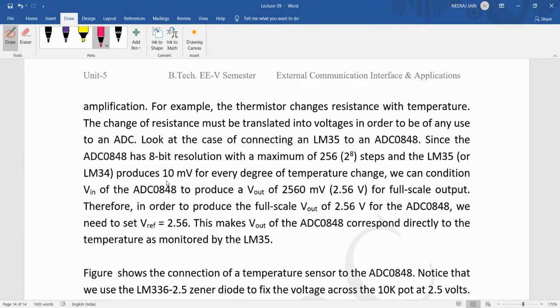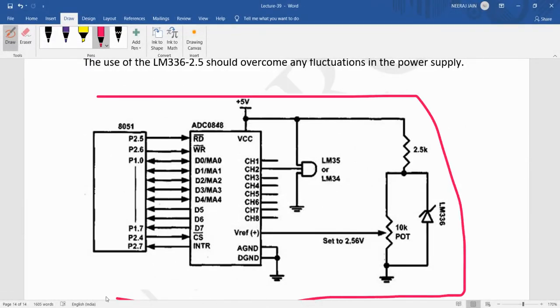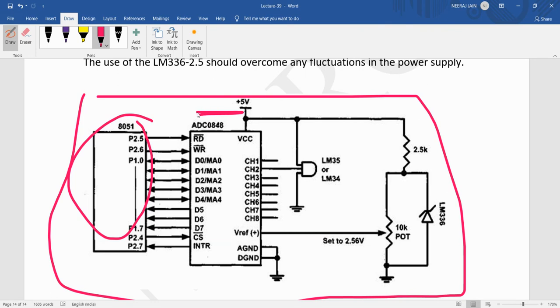So the LM35 has special applications, and this is the complete circuit diagram of the system. Here is the 8051 microcontroller, then the ADC, analog to digital converter, and the LM35 or LM34 series, which provide the input to the ADC.